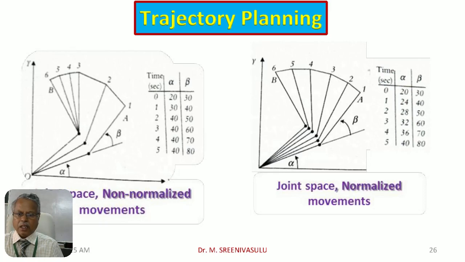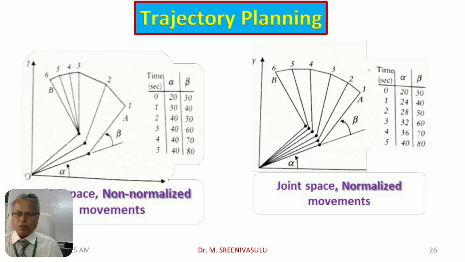It means the link related to alpha is going to complete and wait, it's going to stop, whereas the other link covering the beta angle, varying from 30 to 80, continues its motion in spite of link 1 having stopped.